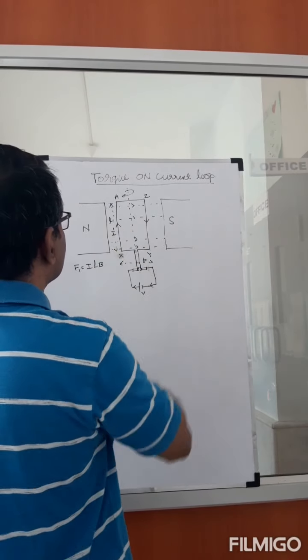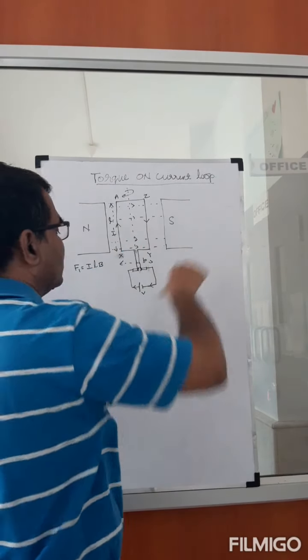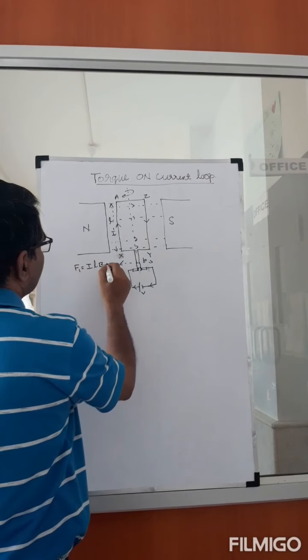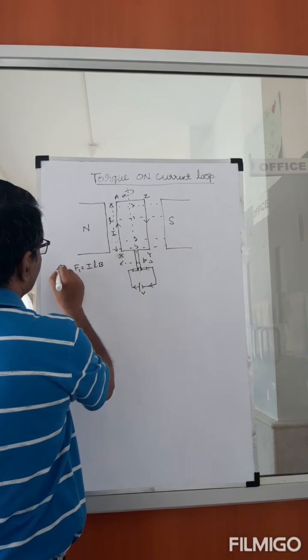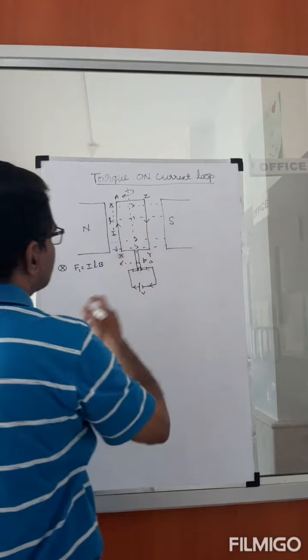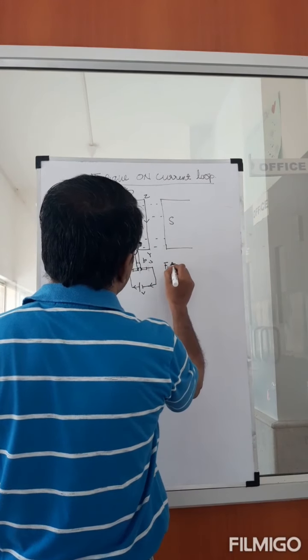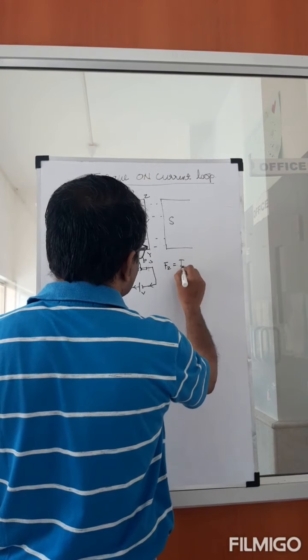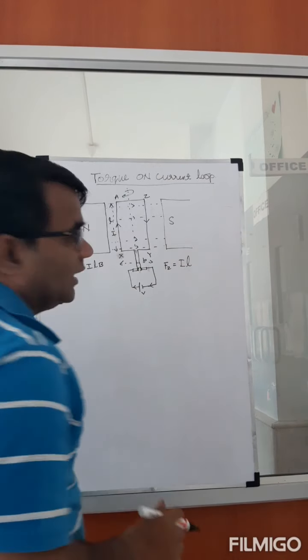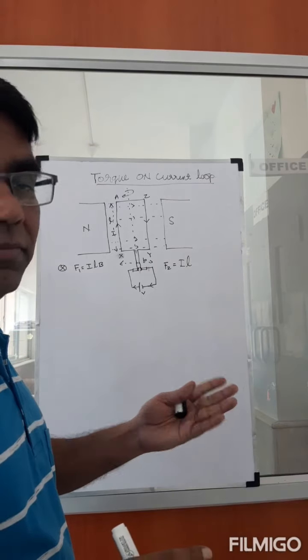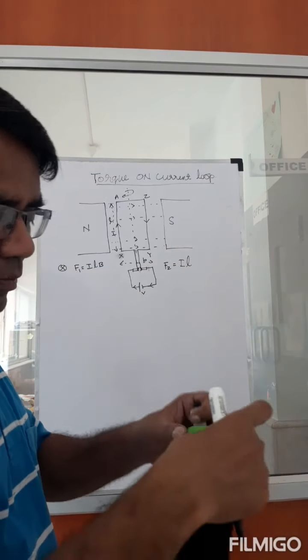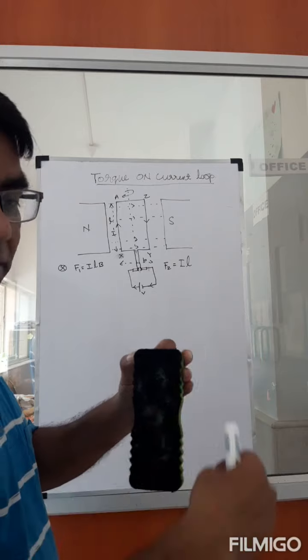And which way is it? It's going to be I, B, into the board. So the force is into the board. But what about this? I'll call this F2, equal to the same I, the same length L, and B is also the same. Whatever I said about this part is true for this part too.